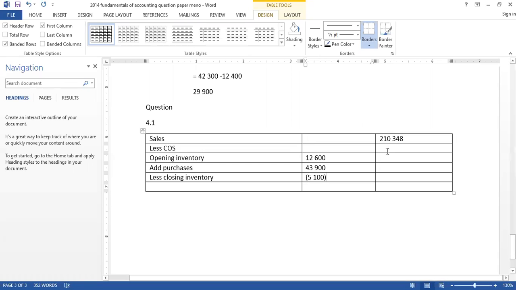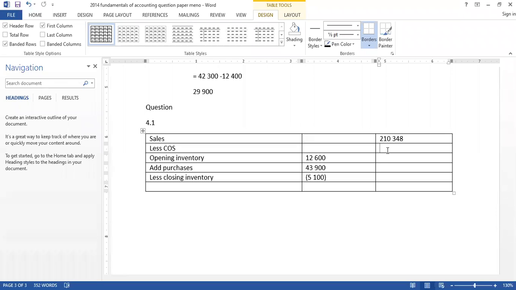So what will be our cost of sales amount? Can we quickly calculate it? It's 51,400.